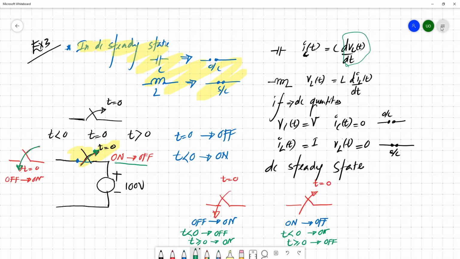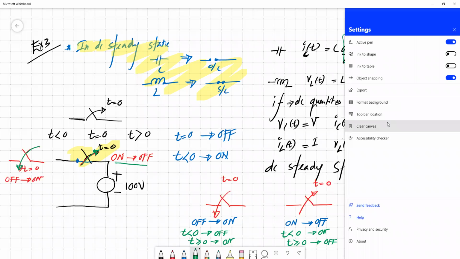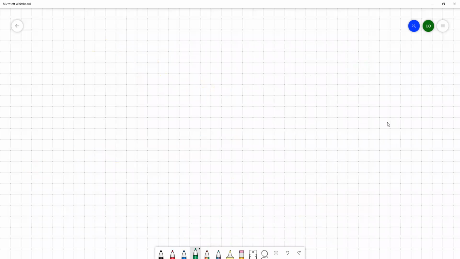Now we'll move to the exercise. So we have 4 ohm, then 8, then 15. Source.